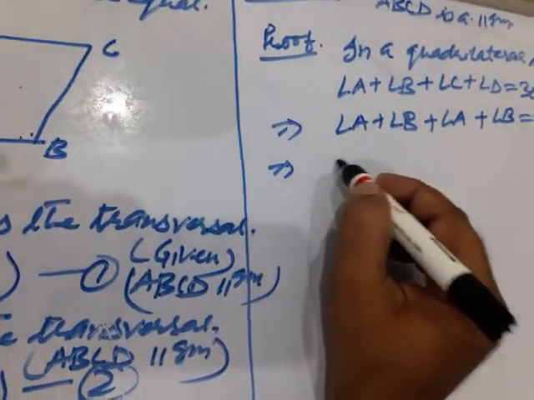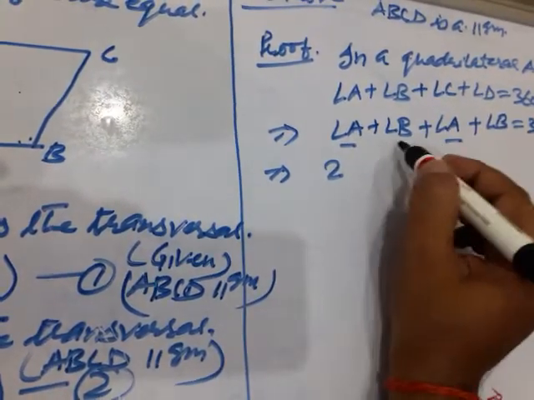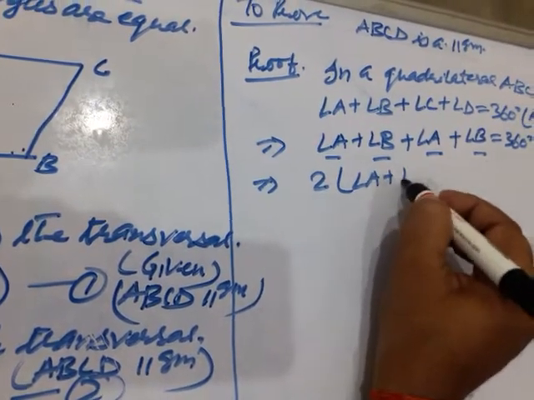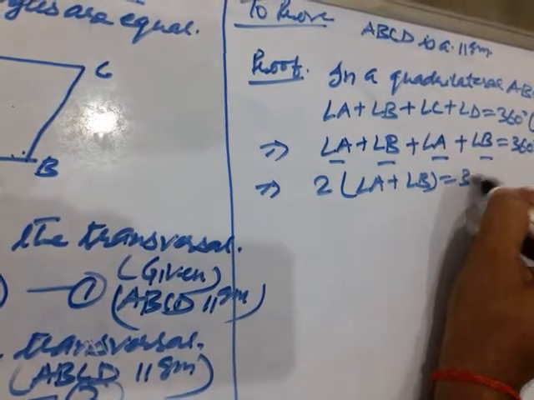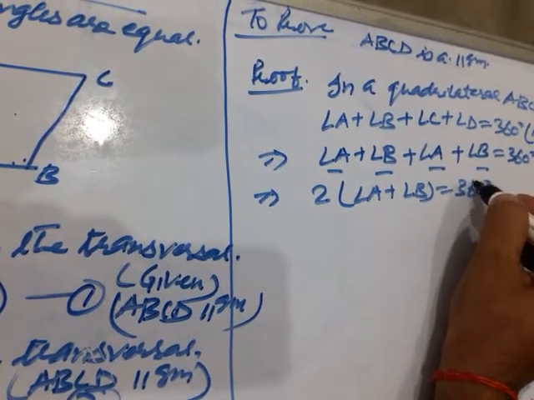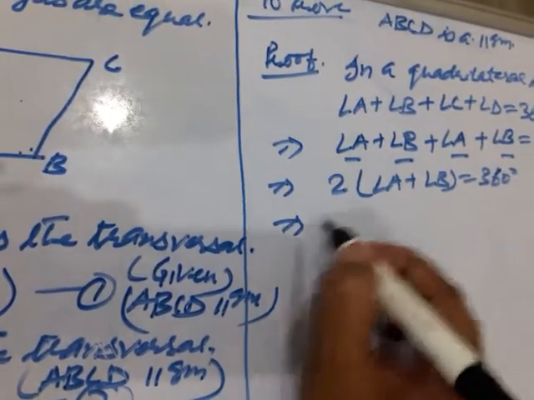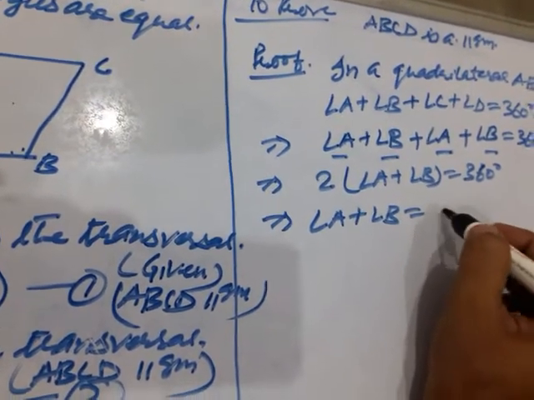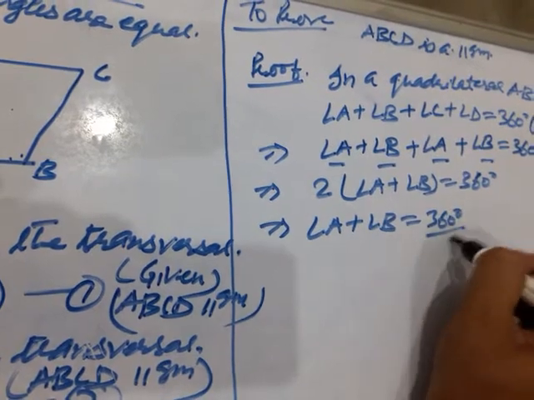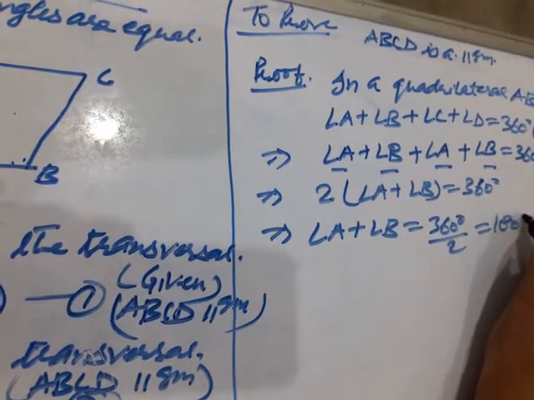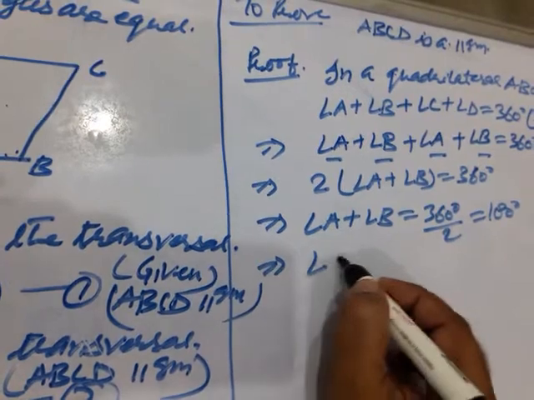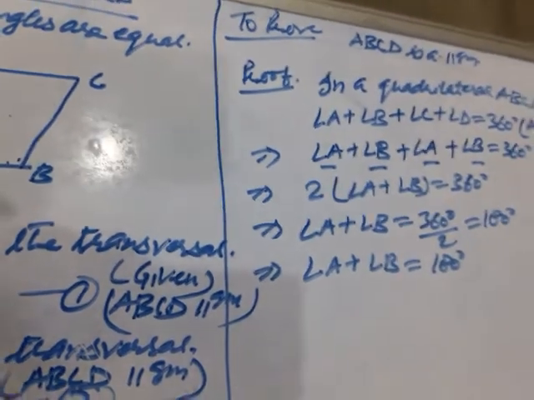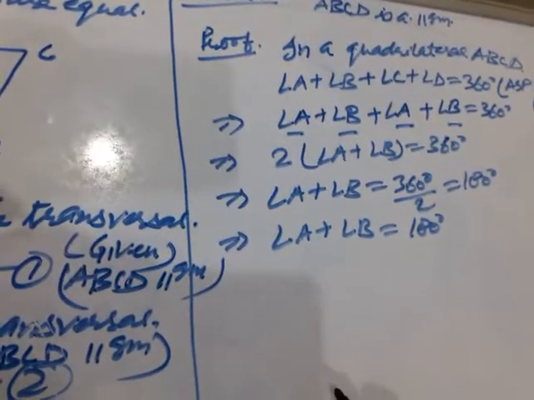This implies that 2 times angle A plus angle B is equal to 360 degrees. This implies that angle A plus angle B equal to 360 degrees divided by 2, which is equal to 180 degrees. Clear children? Angle A plus angle B equal to 180 degrees.